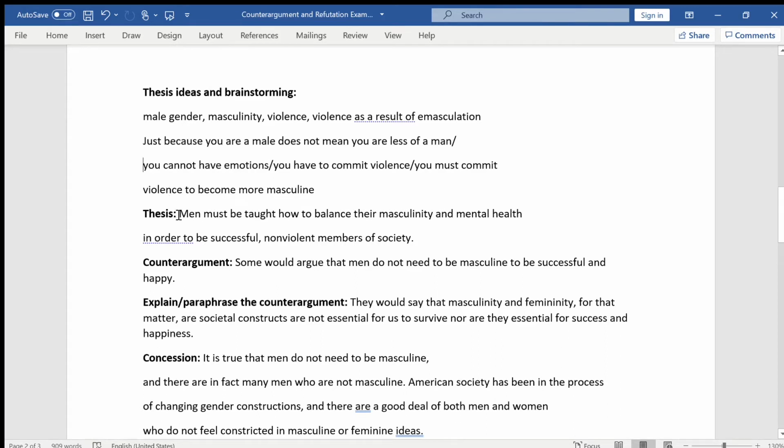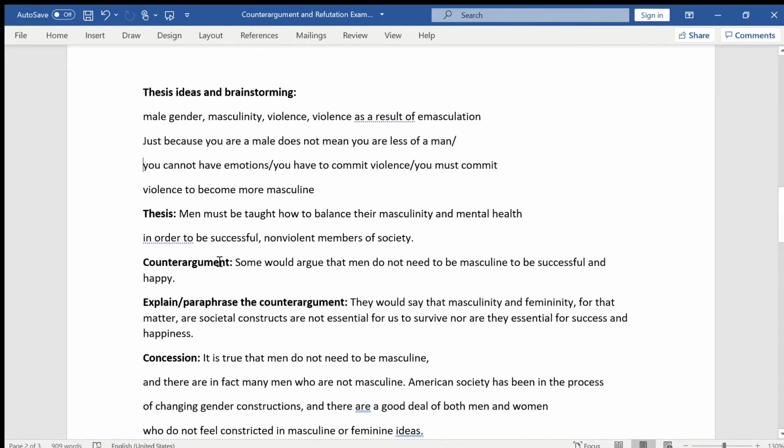I ended up coming up with this thesis: men have to be taught how to balance their masculinity and mental health in order to be successful, non-violent members of society. So in this essay, I would be talking about how to balance masculinity. So still having it, but balancing it with mental health and making sure that everything is going okay.